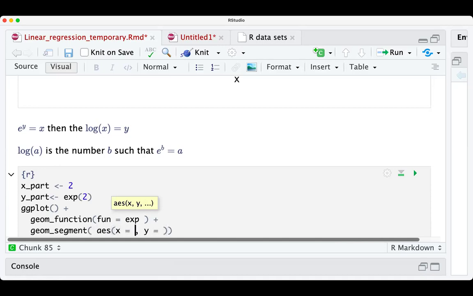The first one goes from the particular x to the value on the graph.